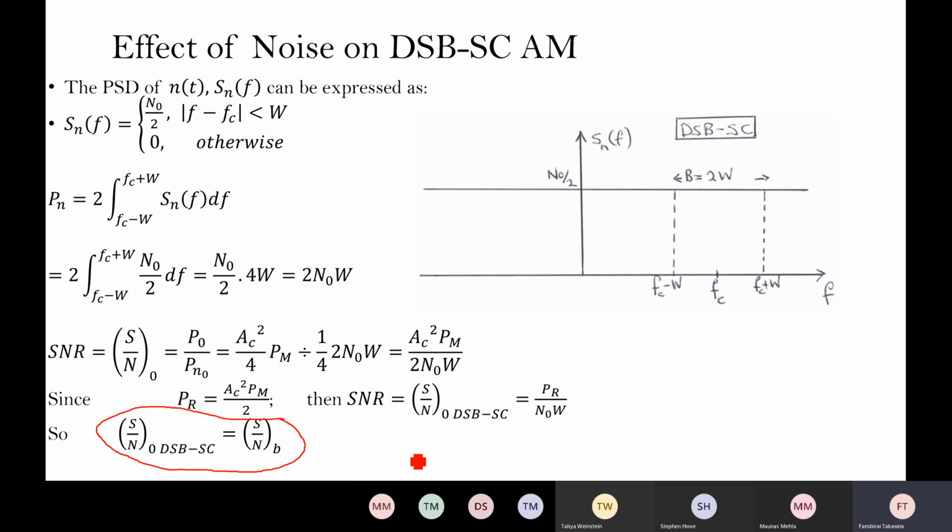We had earlier defined the signal to noise ratio for the baseband to be given by the power of the received signal divided by N naught times W. So DSB suppressed carrier does not have any other signal to noise ratio advantage over the baseband system.